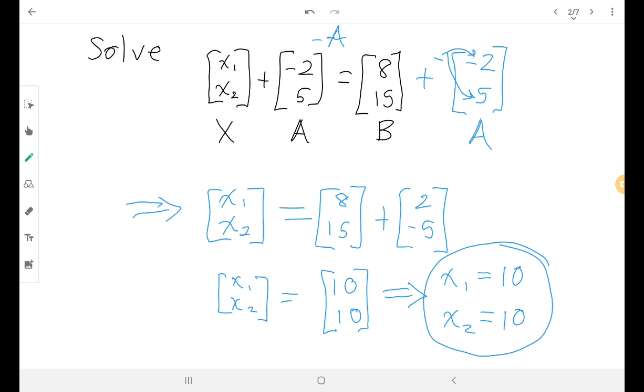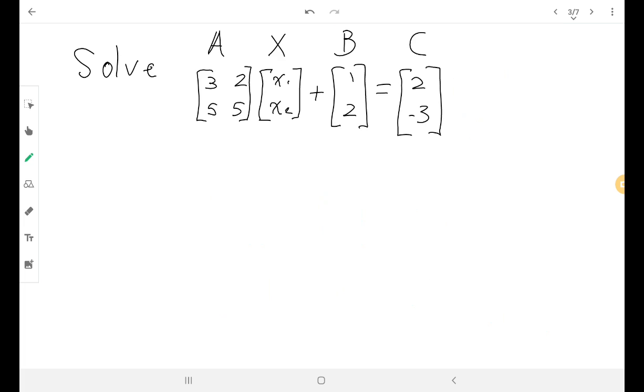Okay. So there being no questions, I will move on. So now let's look at, what if we had multiplication thrown into this, matrix multiplication thrown into this. So we've got a situation where we're doing A times X plus B equals C. So we know how to deal with the plus B, okay?